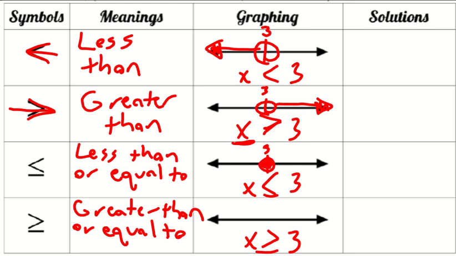Which direction is my arrow pointing? To the left. Still goes by where our pointy part is. And then this last one, same idea. There's a line underneath the inequality symbol. That means a filled in circle. Pointy part of our inequality symbol's to the right. To the right.